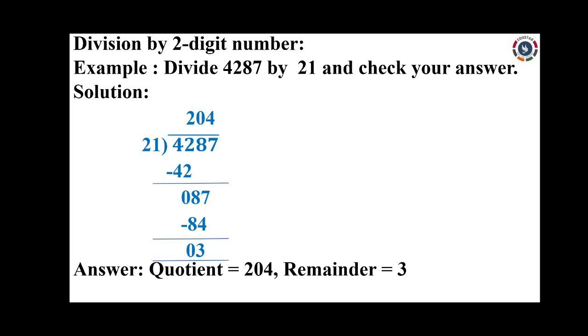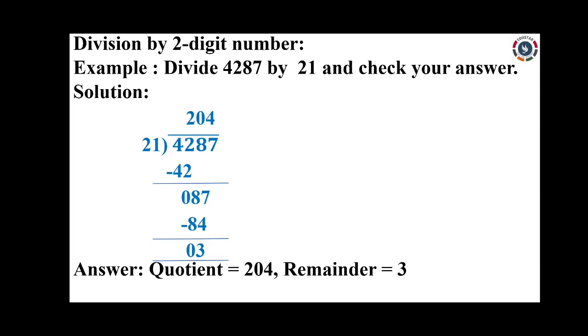In 4 we cannot divide by 21. So let us take the first 2 digits, 42. In 42 how many 21s are there? 2 21s are there. 2 21s are 42. So write 2 in the quotient. Write 42 down of the dividend. 42 minus 42 is equal to 0.